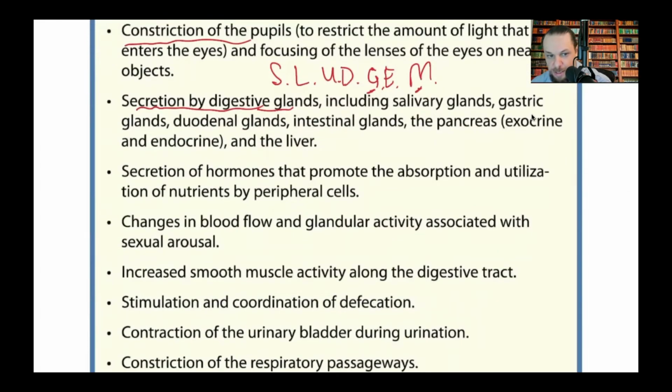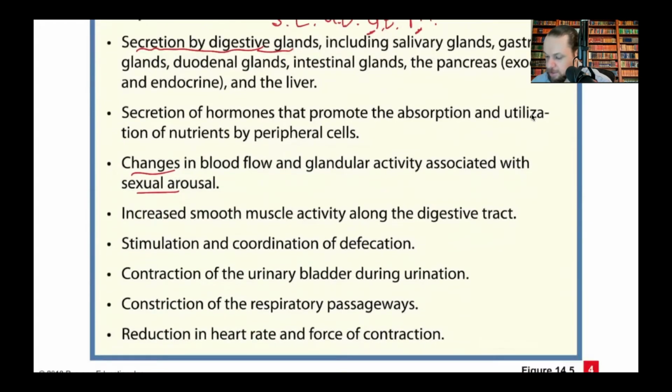We see changes in blood flow and glandular activity, sexual arousal. Why? Because it's predominantly by the parasympathetic system, right? We check for priapism, I just said. When you have damage to the sympathetic system, you have parasympathetic dominance, and that's why you may see priapism developing.